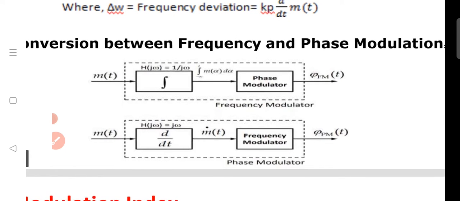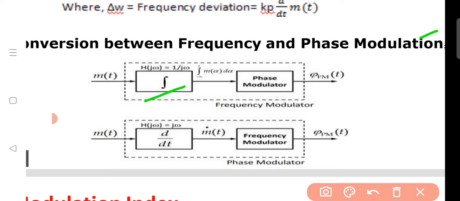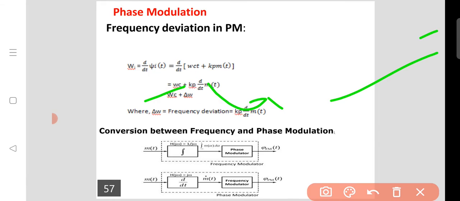First of all, the message signal is applied to an integrator. The integrator output is the integral of m of t dt. That is further fed to the phase modulator. The output is FM.